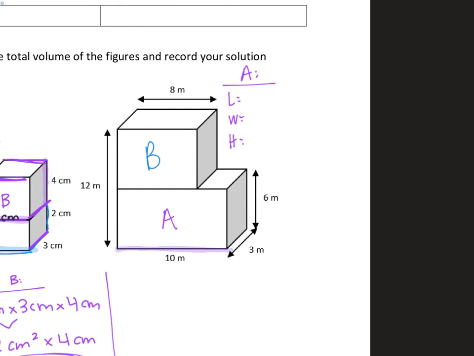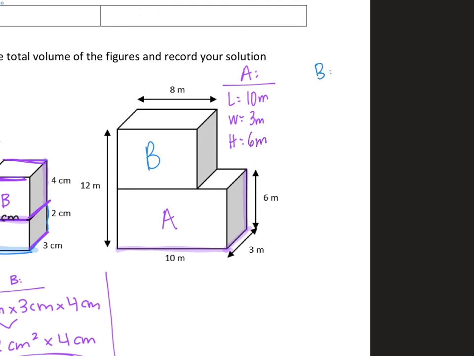So I know that my length for prism A is going to be 10 meters. All right, I can see that it has a width of 3, how far back it goes, 3 meters. So I'm going to write my width is 3 meters. And I can see that it has a height of 6 meters. So it gave me all those dimensions. Didn't have to figure that out.